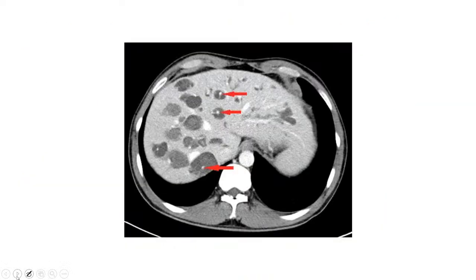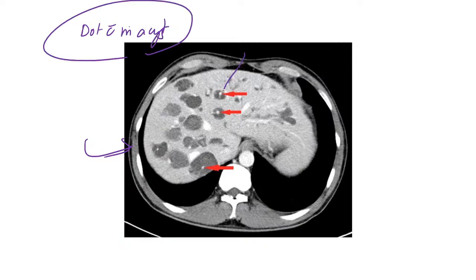Right? So this is how your Caroli's disease is going to look like. You are going to see multiple hypodense cystic lesions within the liver. And you are going to see dot within a cyst sign, and this is your portal vein.